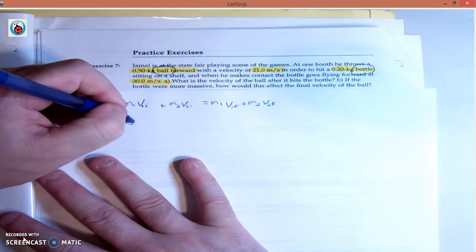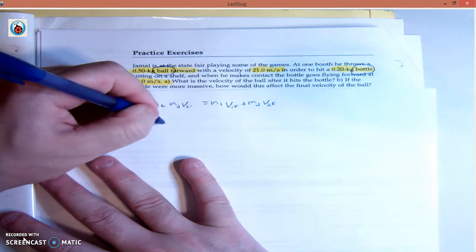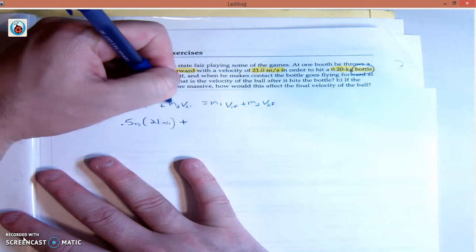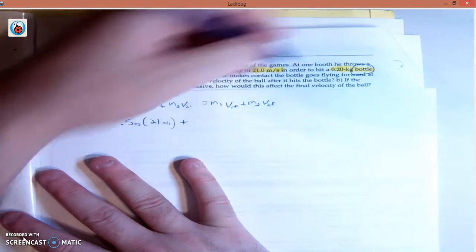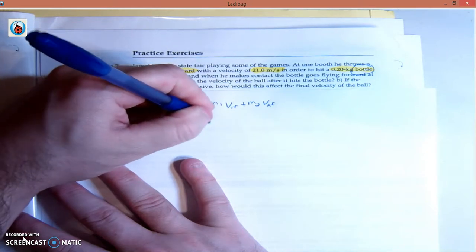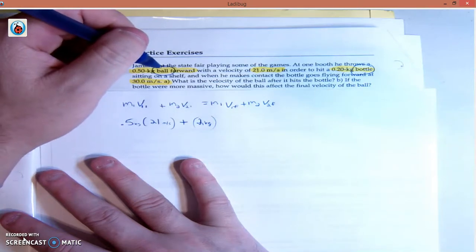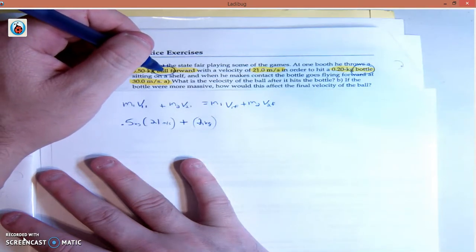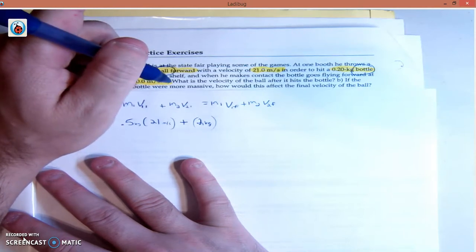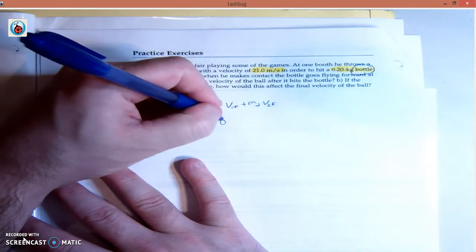So 0.5 kilograms, units real small, times 21 meters per second plus the mass of the second object, which is 0.2 kilograms, times the initial velocity of the second object, right? Which was 0 because before the bottle got hit, the initial velocity was 0, right?